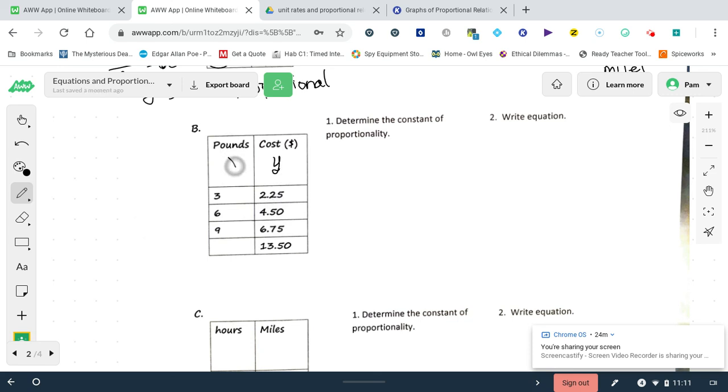Pounds is x. So when you divide, you're going to take 225 because it's relative to y and divide it by 3. And let's see what we get. 225 divided by 3 is 75 cents.